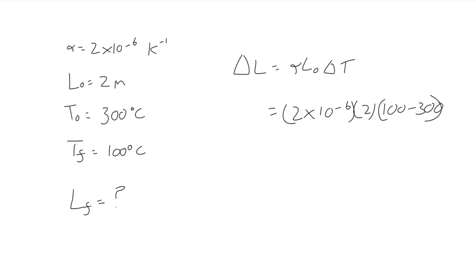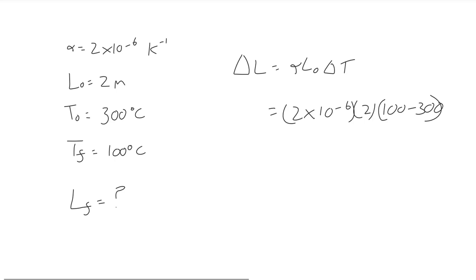Hopefully some of you have noticed a mistake that I made here. The coefficient of linear expansion is in per Kelvin. However, the temperature is not in Kelvin, it is instead in Celsius. Luckily, this is not an issue in this case. Remember, the relationship between Kelvin and Celsius is simply the addition or subtraction of 273.